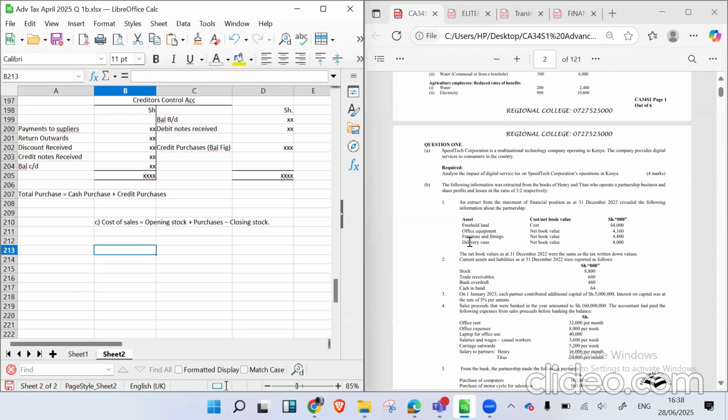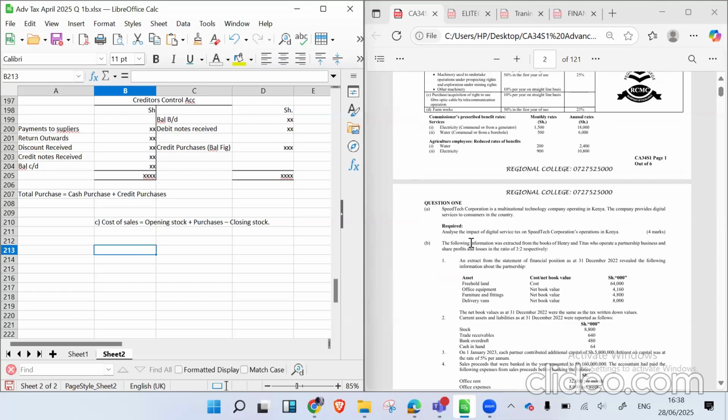Somebody is telling you that Speedtech Corporation is a multinational technology company operating in Kenya. The company provides digital services to consumers in the country. Analyze the impact of digital service tax on Speedtech Corporation's operations in Kenya. So how can tax affect the operations of a company in Kenya?